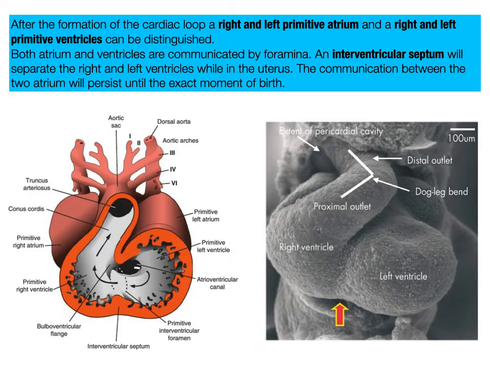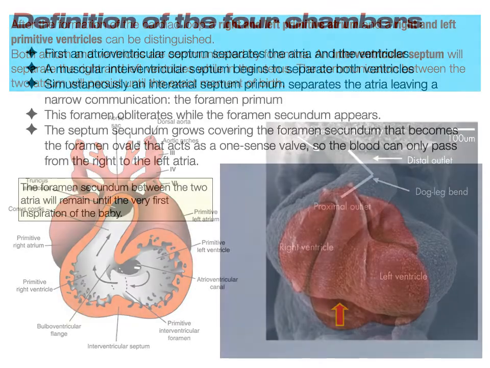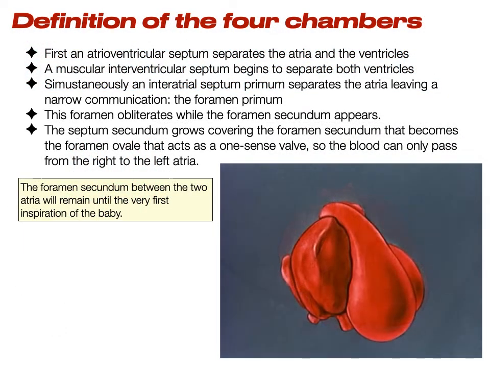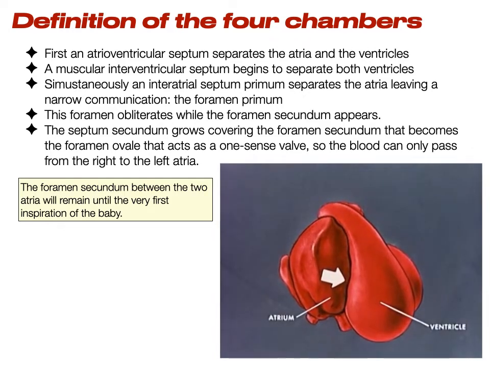So at this point we can distinguish a right and a left primitive atrium and a right and a left primitive ventricle. Atria and ventricles still communicate with each other by means of foramina. Okay, and here you have a video where we see the right atrium and ventricle.